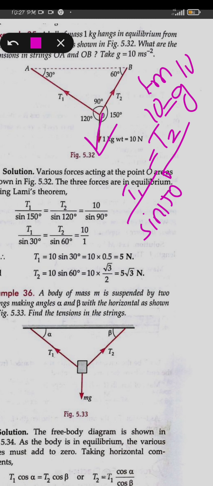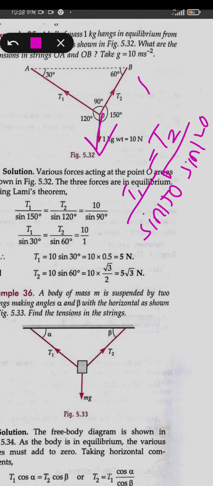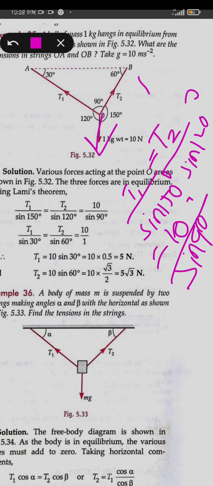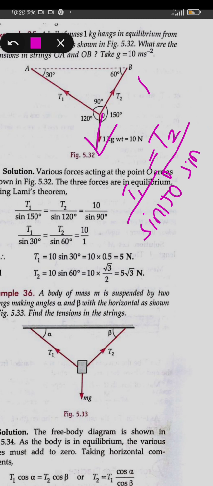So together it will be 10 Newton. Net Newton force is acting from the mass. So sin 120 will be equal to 10 upon sin 90. Okay. So on solving this, we got that T1 is equal to 10 into sin 30.